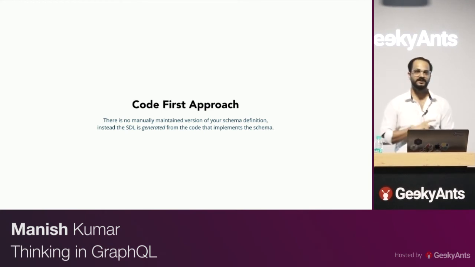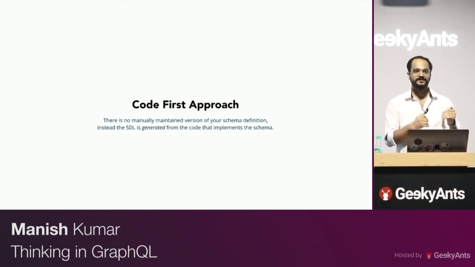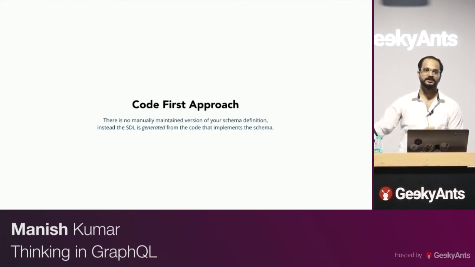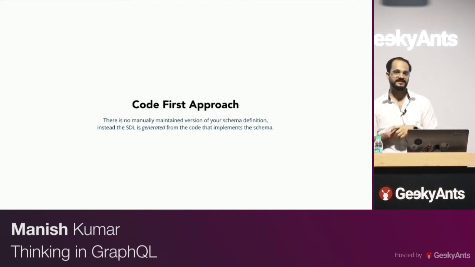From the starting, they have been using the code first approach, where we write our types in the language that we are writing it for, all the GraphQL, and any of the resolvers or the queries are automatically generated because everything is typed. You will see the examples of this.